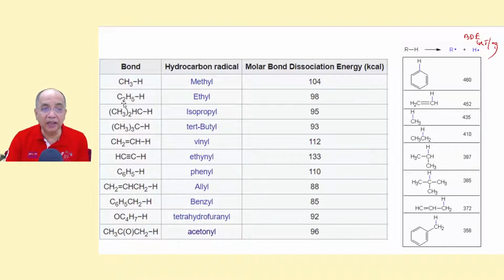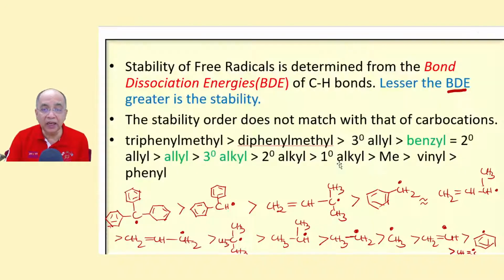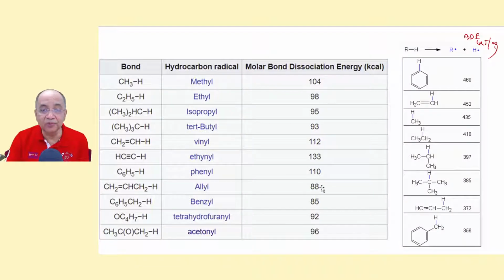Ethyl radical is more stable than methyl radical because it needs less energy. Still less energy is isopropyl. Still less energy is a tertiary butyl. But vinyl is 112. It is even less stable than methyl. I have already told you it is less stable than methyl. Ethynyl 133 is the least stable.